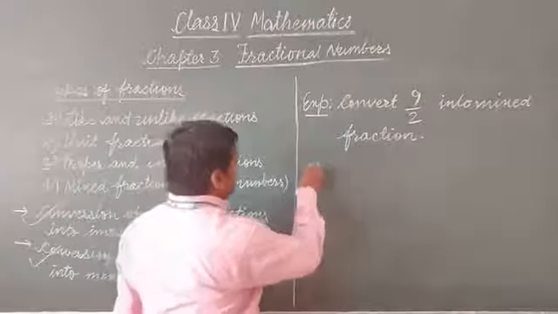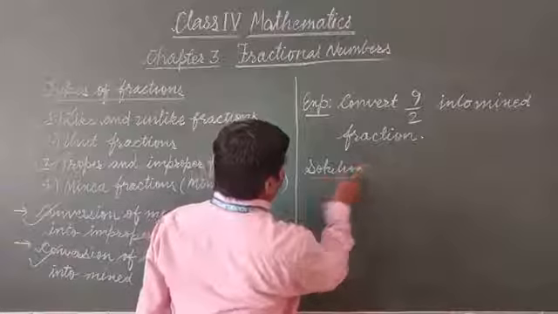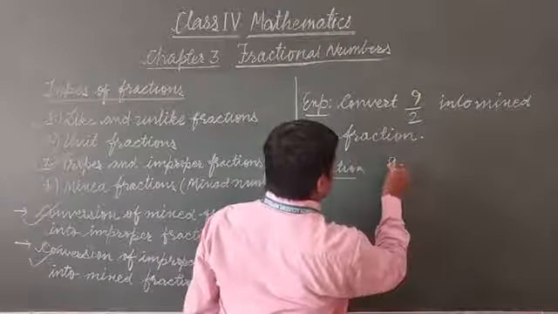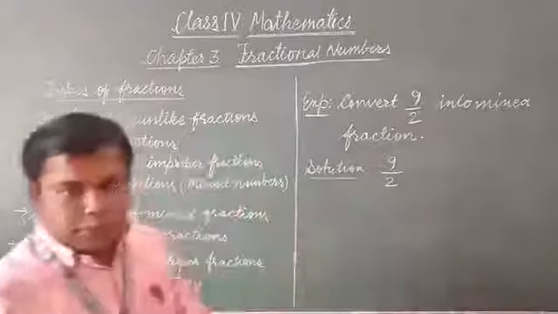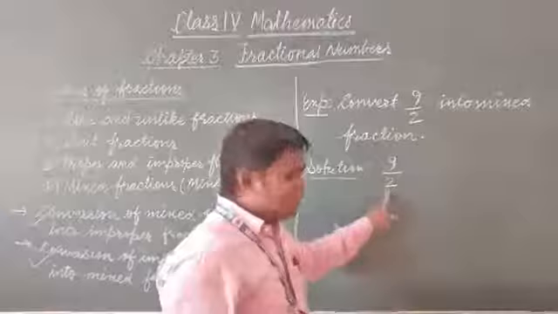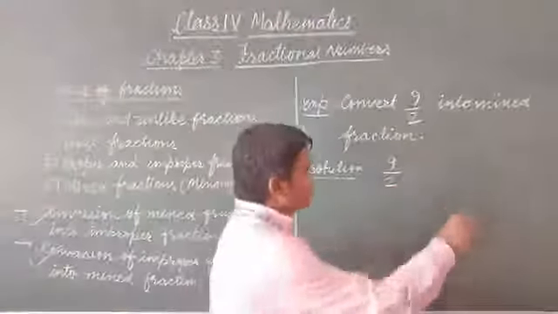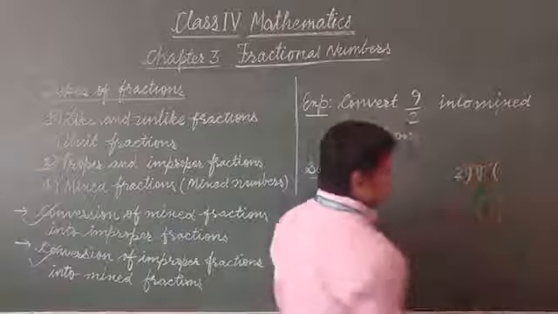So you will write your solution. See, the given improper fraction is 9 by 2. To convert it into a mixed fraction, we divide the numerator by the denominator. So here I am dividing 9 by 2.